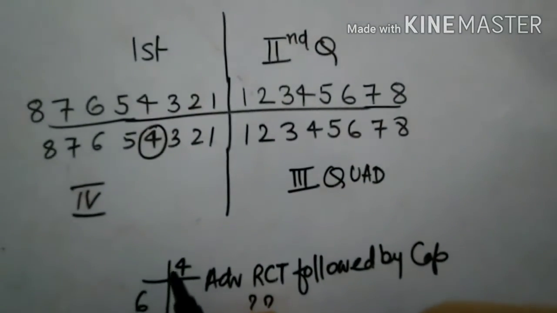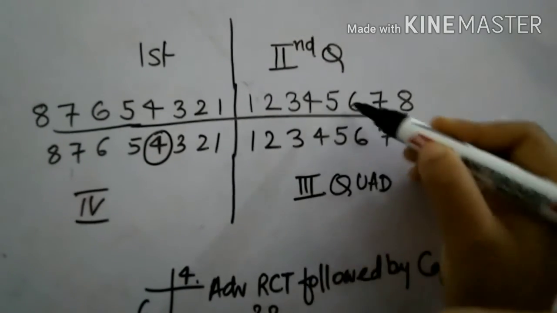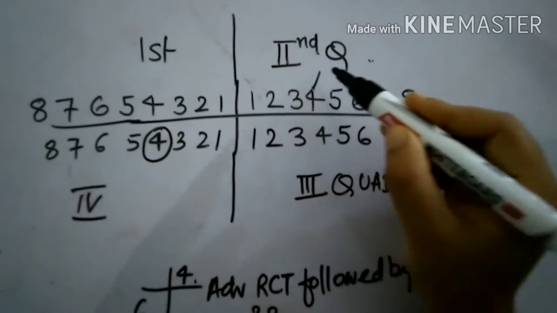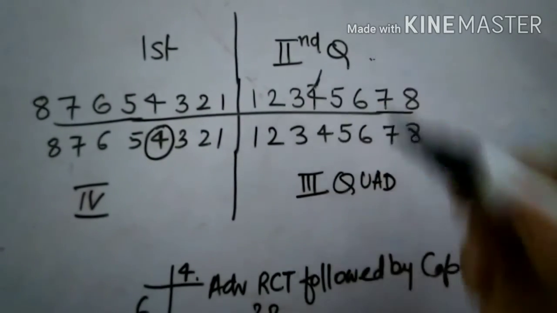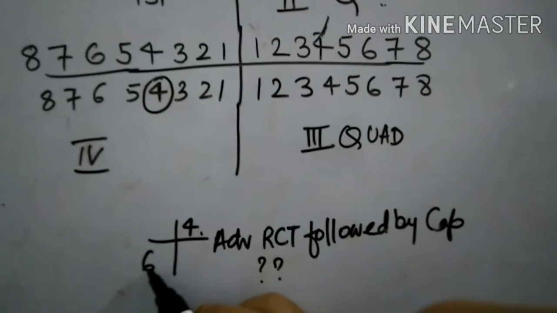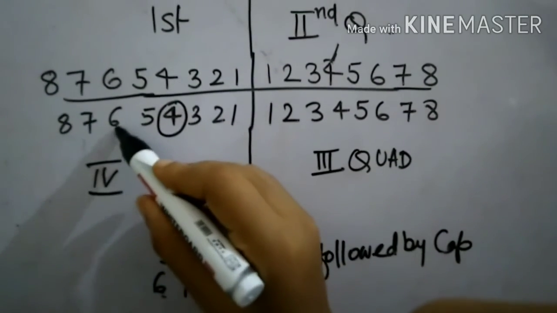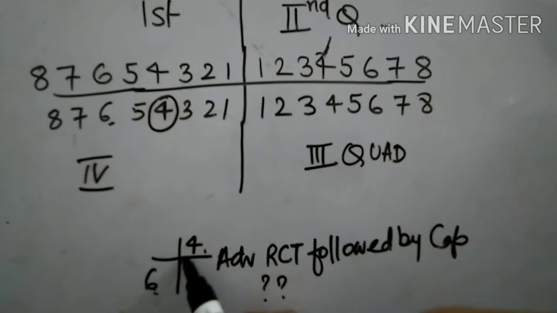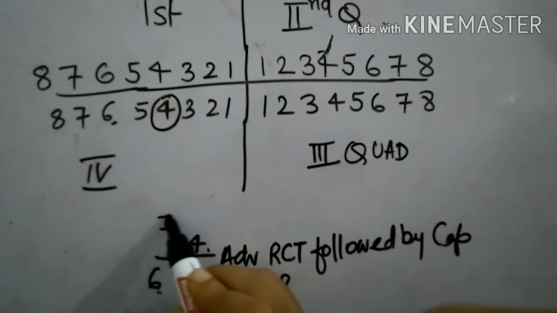If you see the above diagram, it's written on the second quadrant. Which number is written? 4. That means in the second quadrant the dentist is talking about number 4 tooth, and in the lower one, it's the fourth quadrant, 6 number tooth.